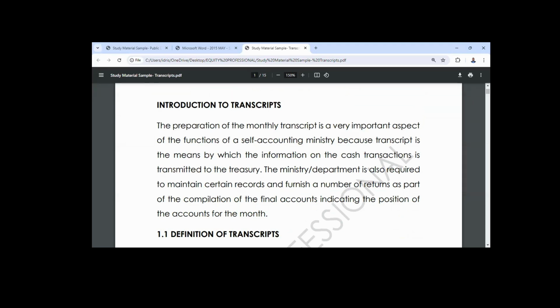At the end of the month, they submit it to the Treasury, which is the Accountant General. The Accountant General will then consolidate all the transcripts together to get the final cash book of the government for the month.